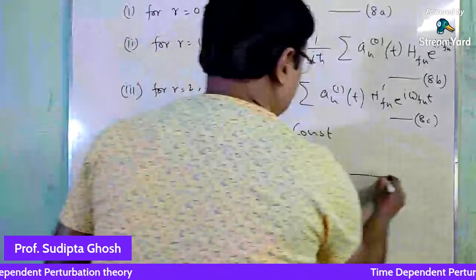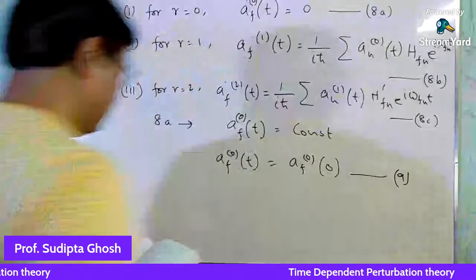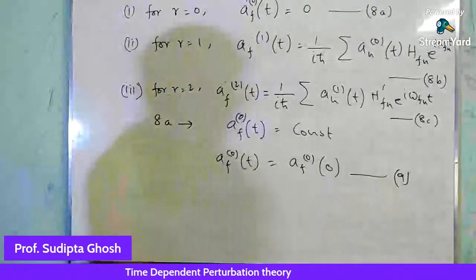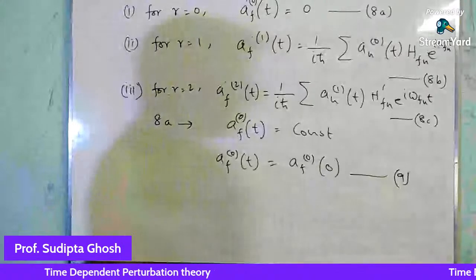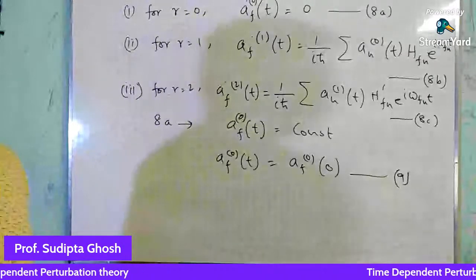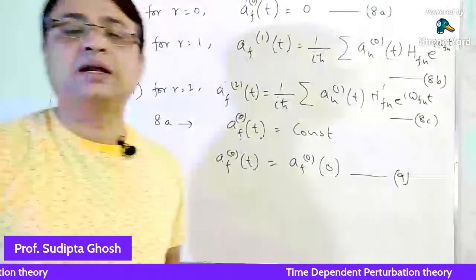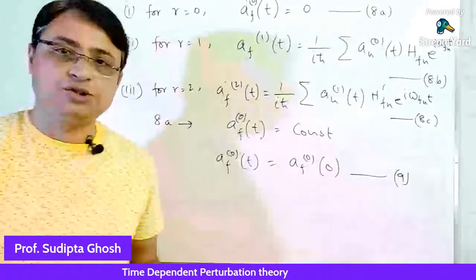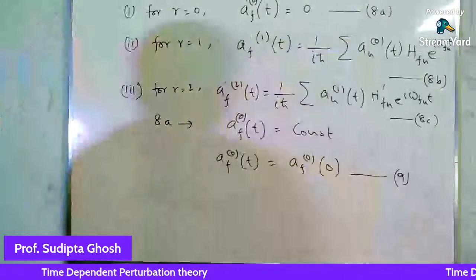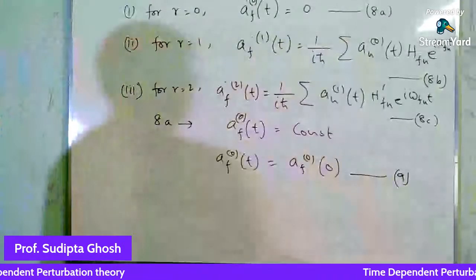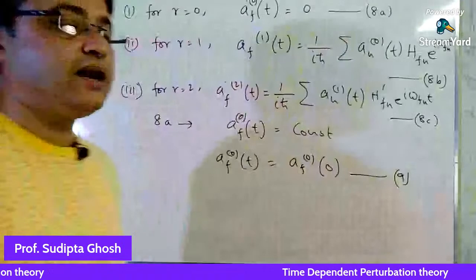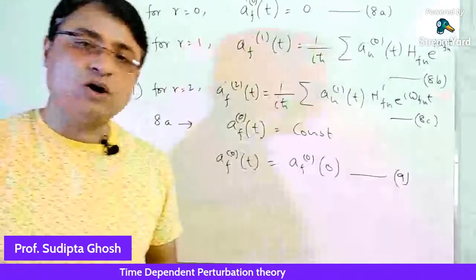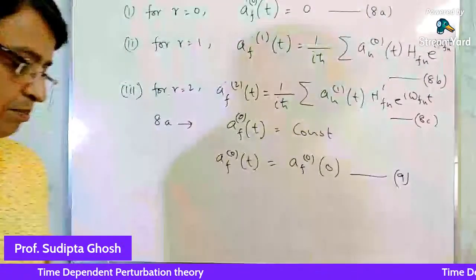Now, at t equals 0, the perturbation is not yet having a chance to act. So a_f1(t), a_f2(t), or rather the higher order terms of a_f1, a_f2 and all must necessarily be 0.